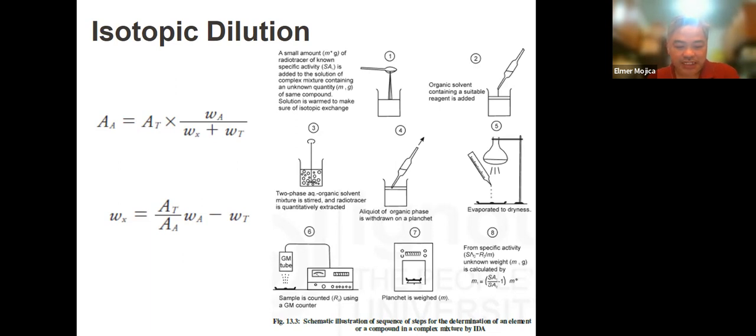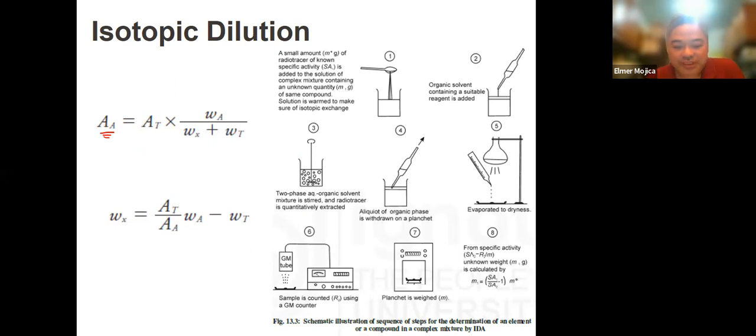So you have the activity of the isolated compound. Okay? So I think I can express it like A of A. When you recover both the radioactive tracer and the non-radioactive analyte, usually A of A and A of T are equal, and WX is just WA minus WT.